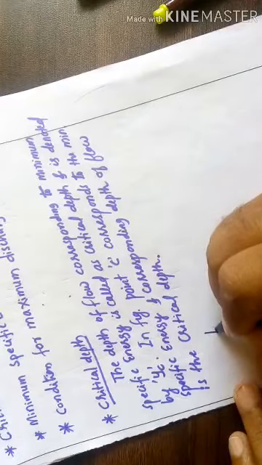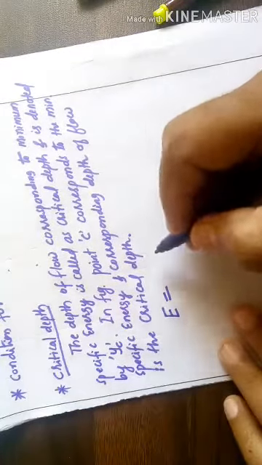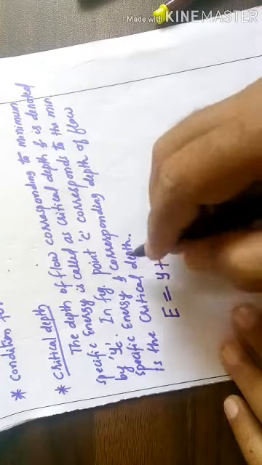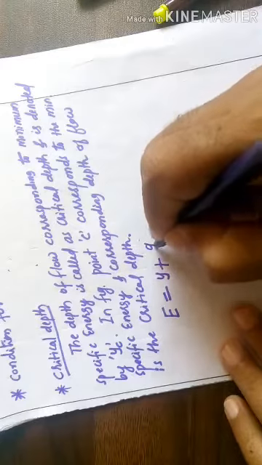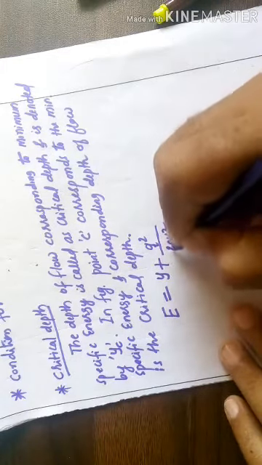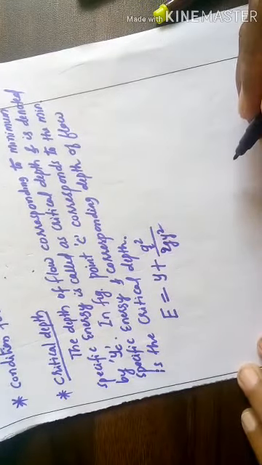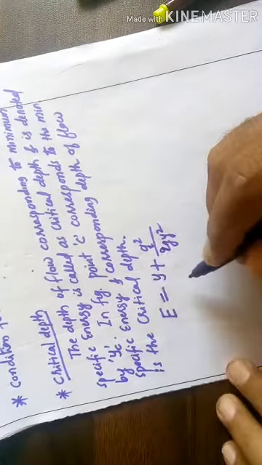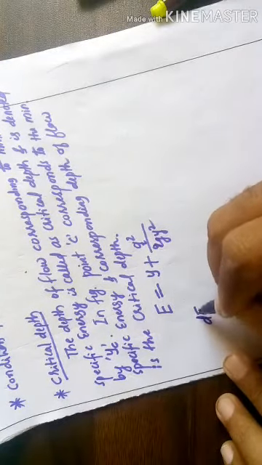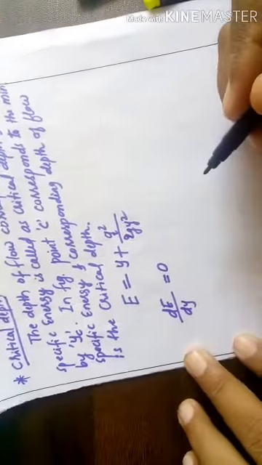First we write the specific energy equation, E equal to y plus q square divided by 2g y square. For critical depth, we differentiate this with respect to y: dE by dy is equal to 0.